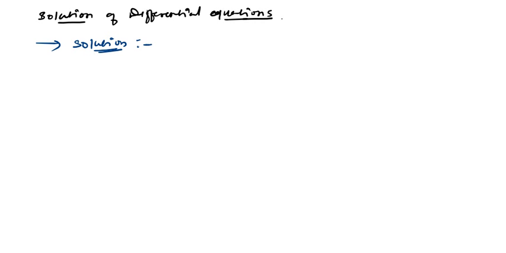Suppose I take any linear equation like 3x plus 2 is equal to 0. We know what we will get: the solution x is equal to minus 2 by 3. We say this value of x is a solution of this equation, because if you put the value of x into this equation, the equation gets satisfied.